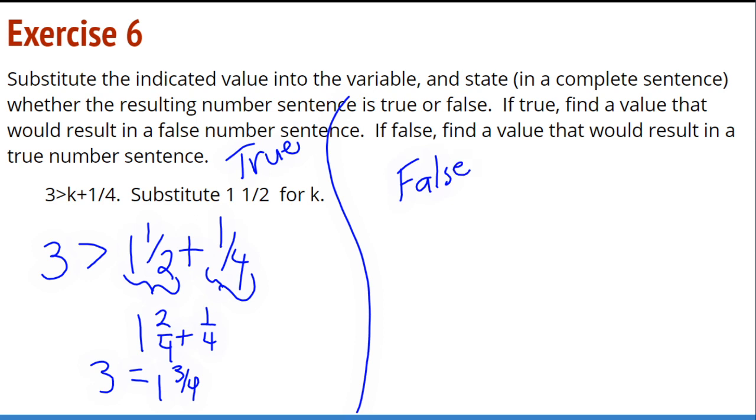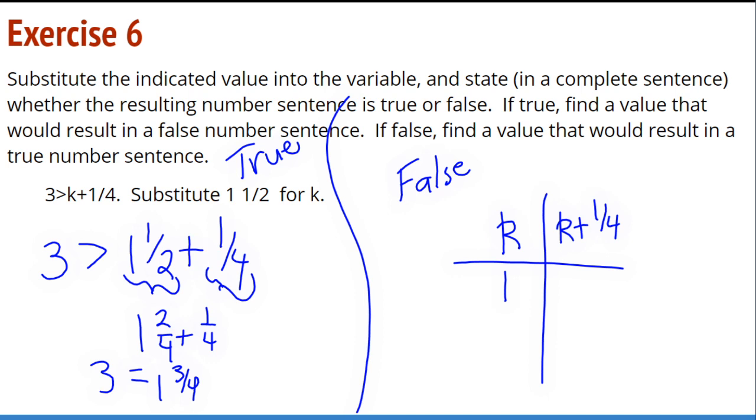So I need to add something to 1/4, and I need to have less than 3. Well, I'm all about keeping things easy. What if I just add 1 to a fourth? So I've got k, and I've got k plus 1/4. What happens if I add 1?